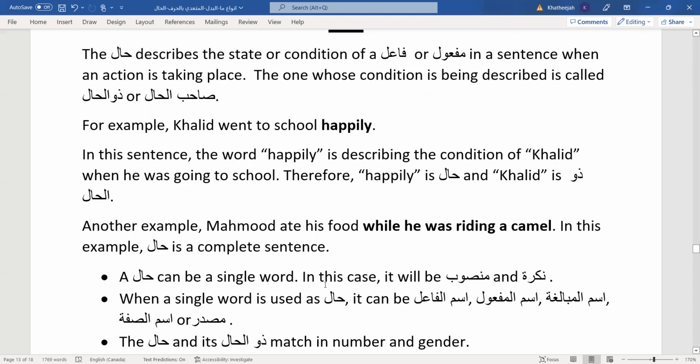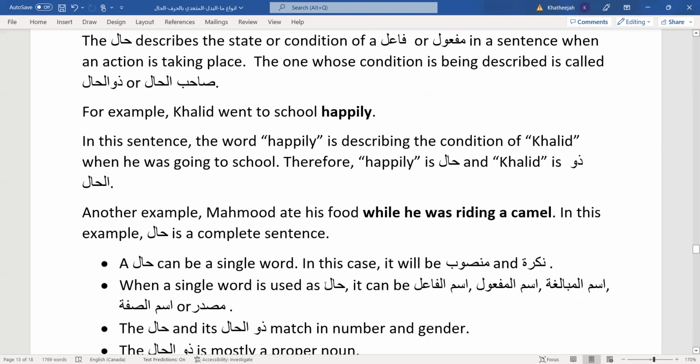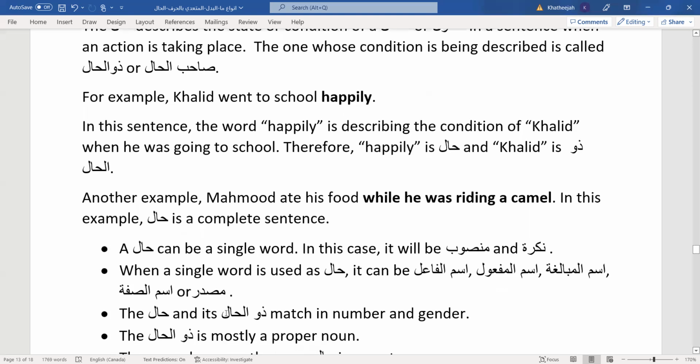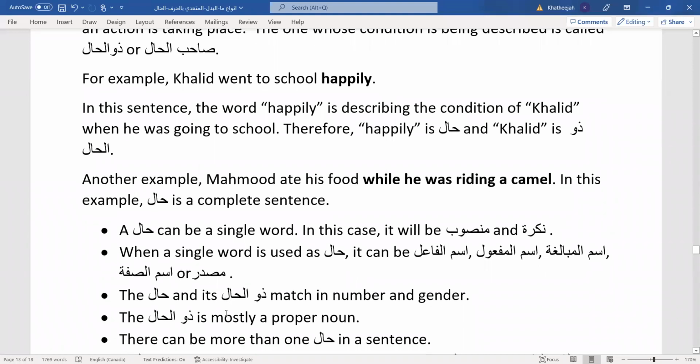So if a single word is used as hal, then that word has to be mansub in status and a nakira word, a common noun. A common noun mansub word will be used. And the word used will be ismul fa'il or ismul maf'ul or ismul mubalagha or ismul sifa or masdar in most cases.